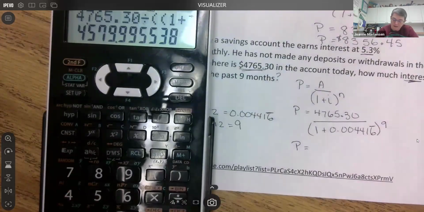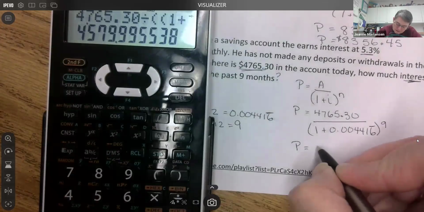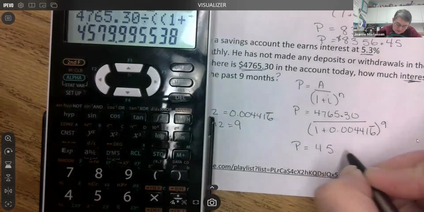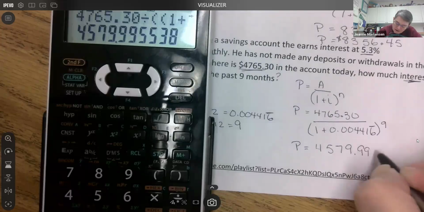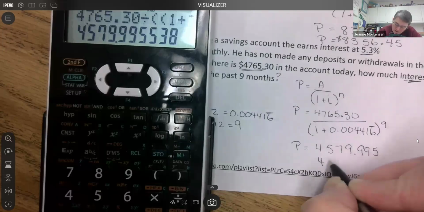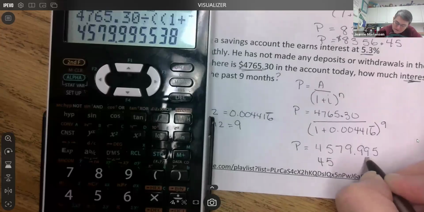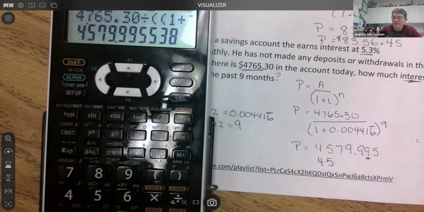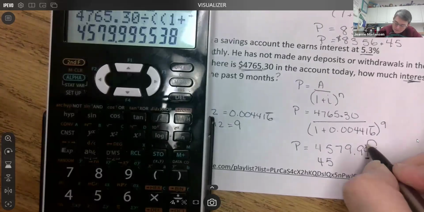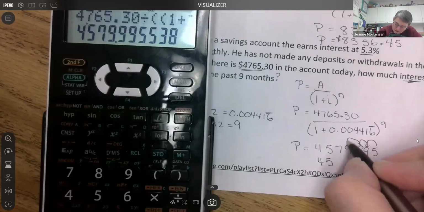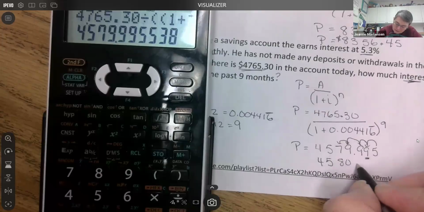Okay, so my answer says 4579.995. Ooh, look at that. So I want this to be my last decimal place, so that's going to make this one go bigger, and we're going to carry all the way over to there. 4580.00.